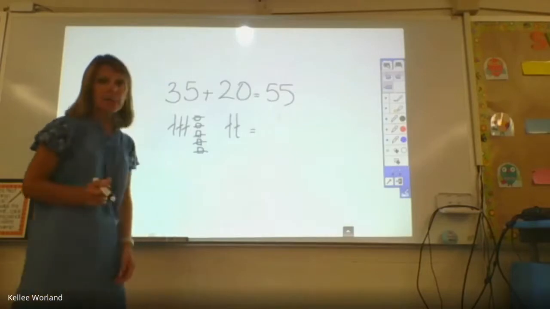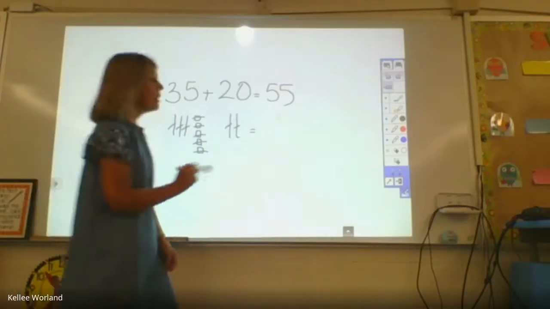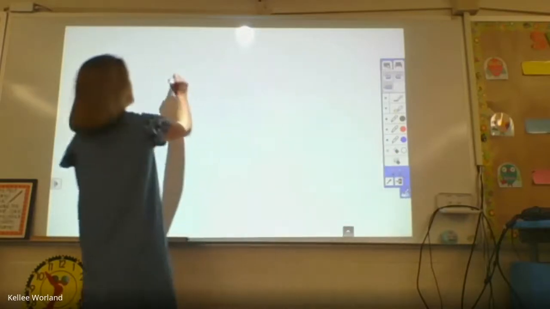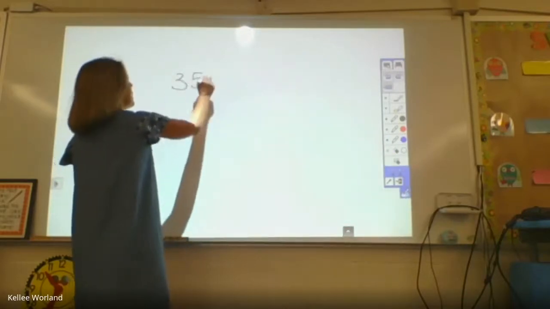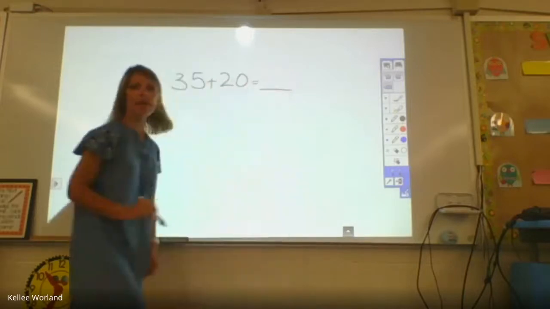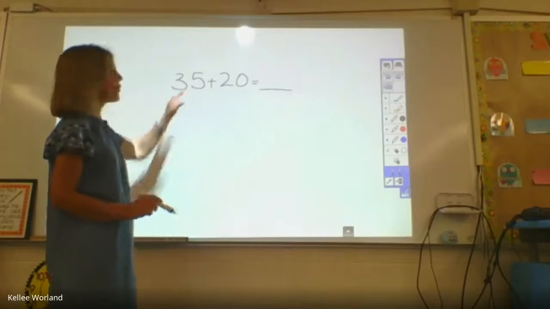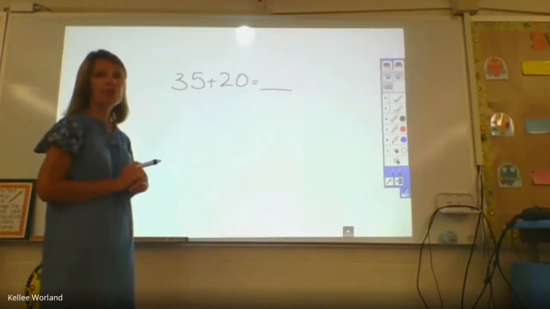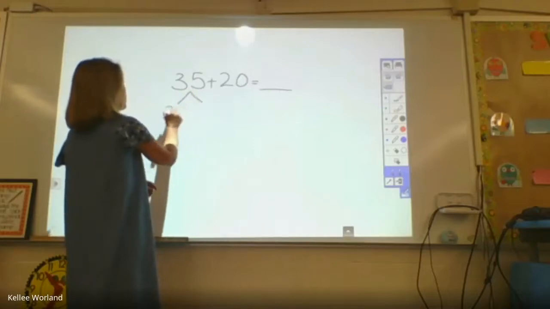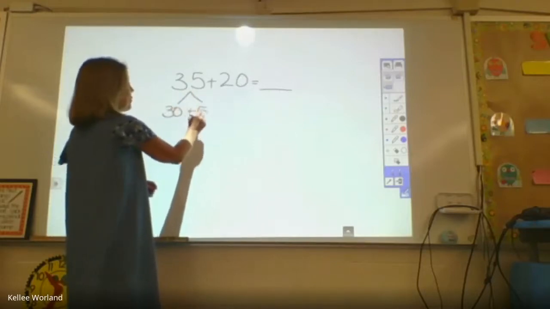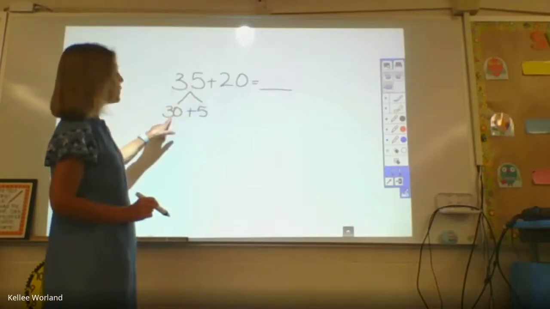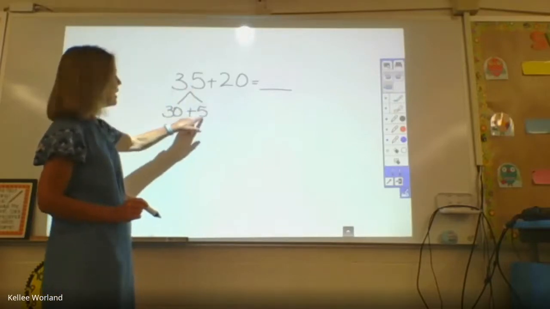A second way you can work this problem. Now, what I'm going to do is I am going to erase the board, and I'm going to rewrite it up here. All right. Let's look at 35. 35 is really 30 plus 5. 35. 3 groups of 10, which is 30, and the 5 ones.